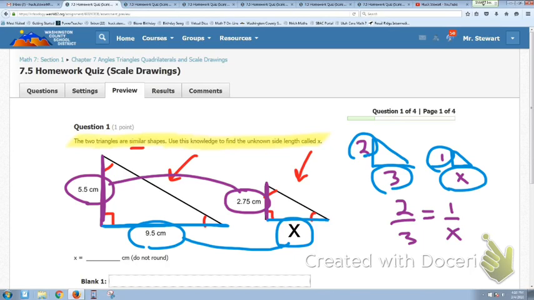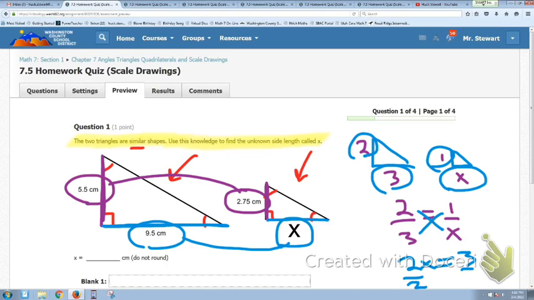These proportional ratios will help me cross multiply and divide to find out what x is equal to. And really, a lot of you might look at this and go, oh, this is decreased by half, so that'll be easy. So that means that x should be equal to 1.5. You could also cross multiply and divide to figure that out as well. 2x is equal to 3 times 1, which is 3.